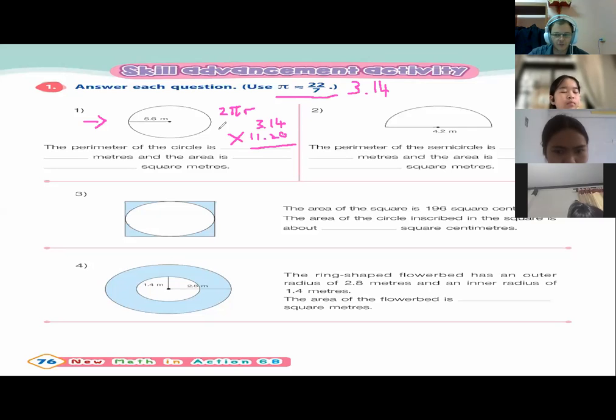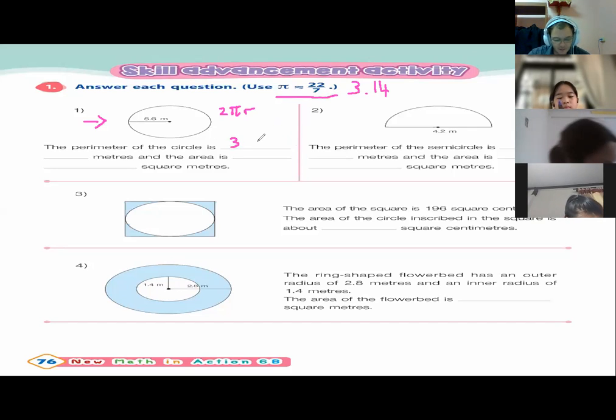Anyone have the answer for the perimeter? Who can tell me what's the answer for the perimeter? Anyone calculate it? Who knows? Anyone?